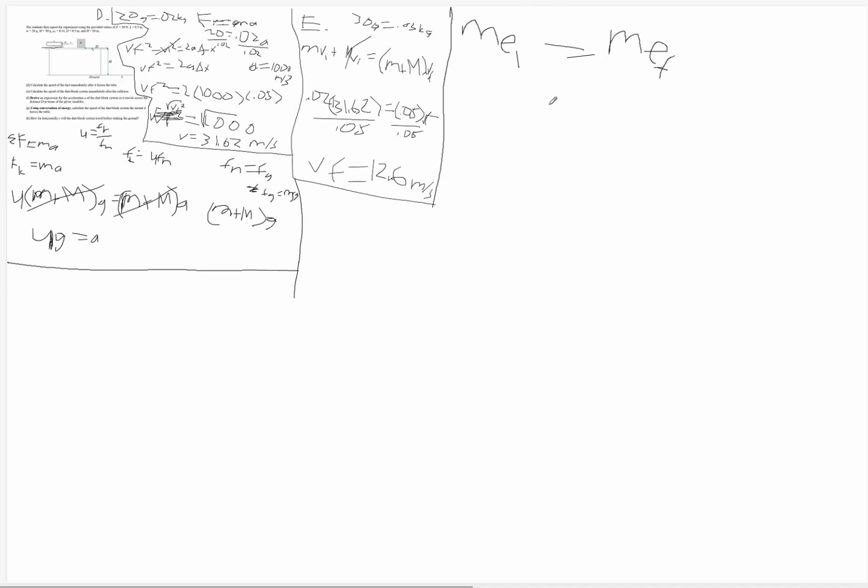So at the final, the energy at the end is just kinetic energy. Therefore, we just have 1/2 mv squared final. At the initial, it will also be 1/2 mv squared, but there's also another force acting on it, which is friction, which we discussed in the previous part.